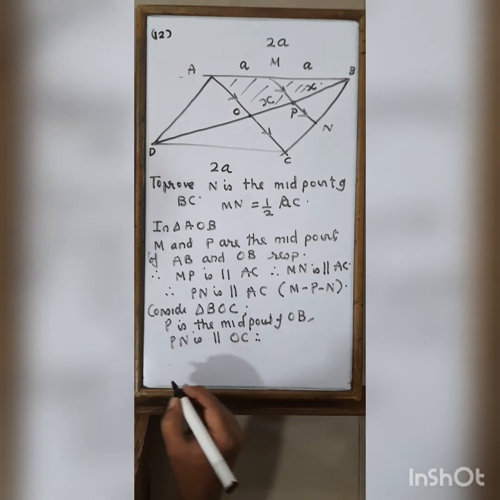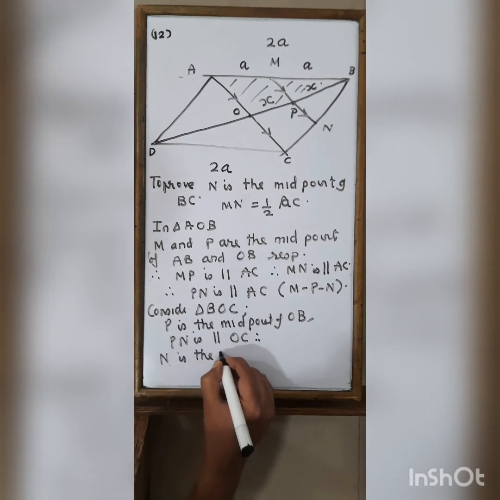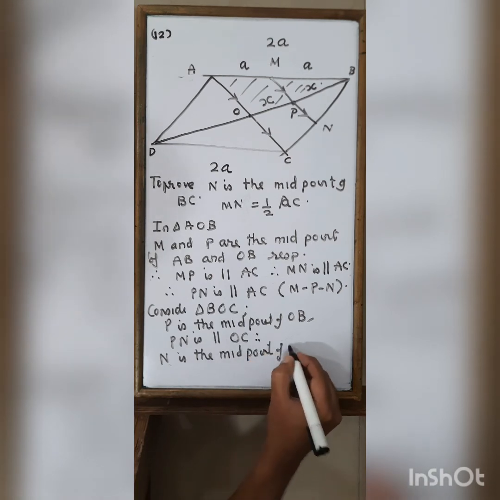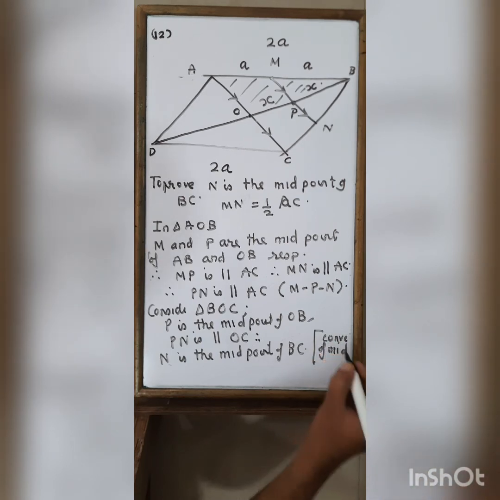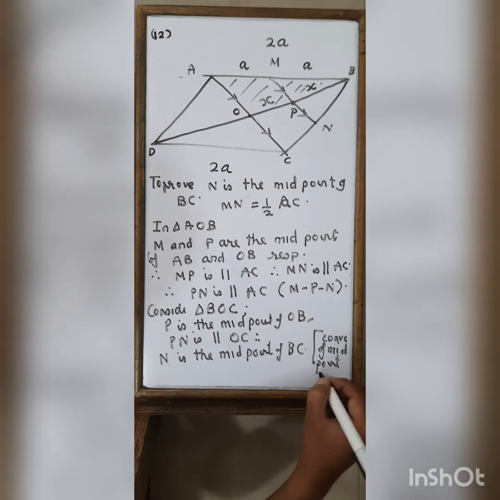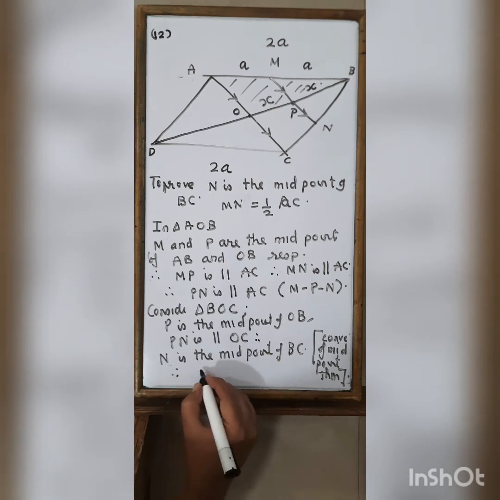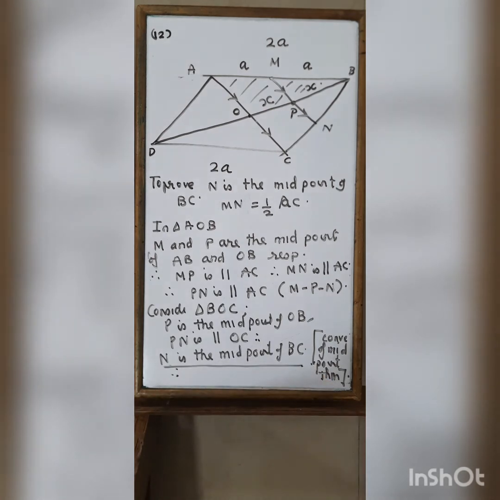So therefore, can I say N is the midpoint of BC by converse of midpoint theorem. Got it? Understood this point? So it is N is the midpoint. So therefore, N is the midpoint of BC. This is what we were supposed to prove.